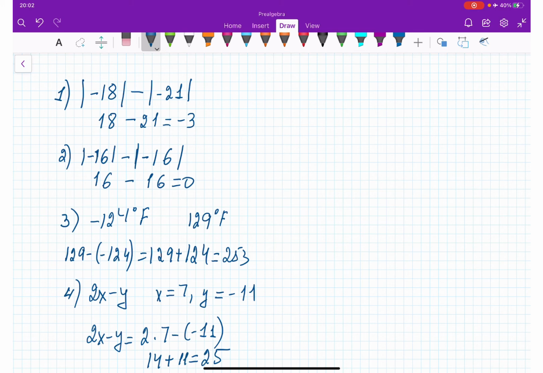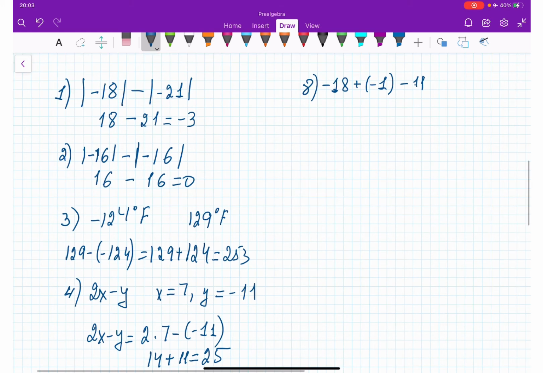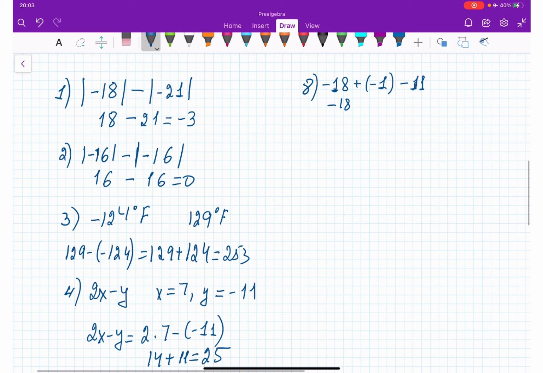Number 8. Negative 18 plus negative 1 and minus 11. Okay. So we're writing down negative 18 minus 1 minus 11.